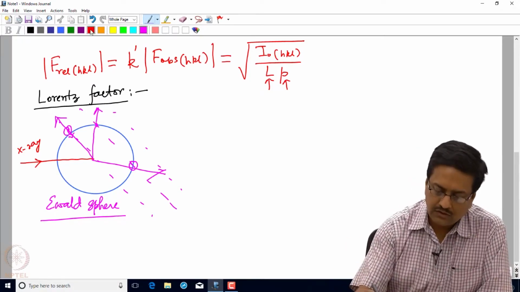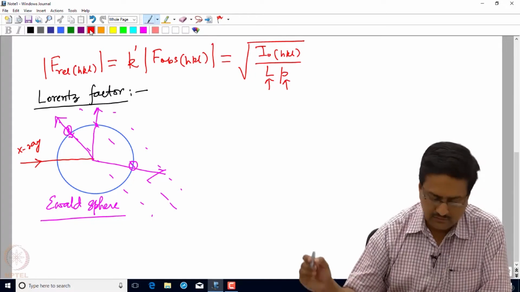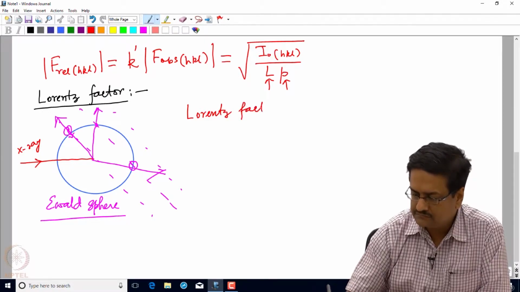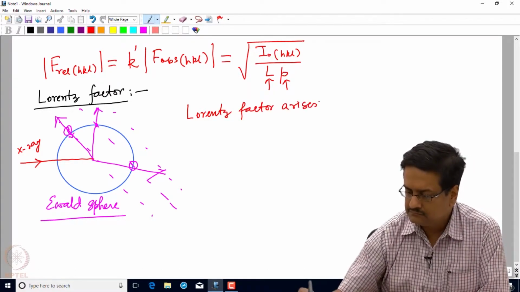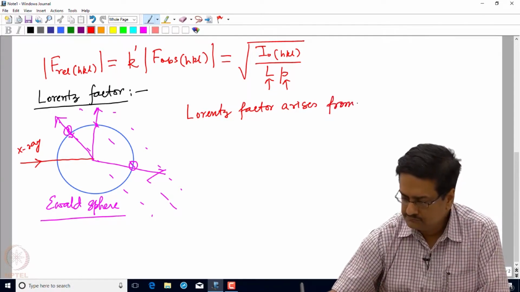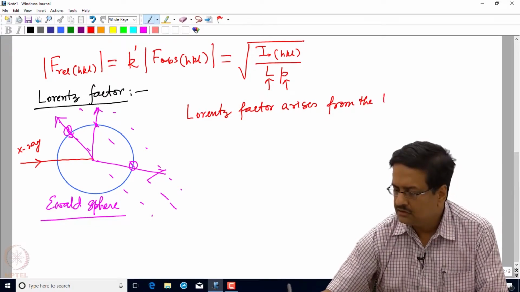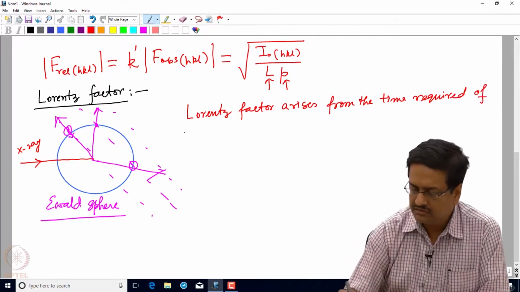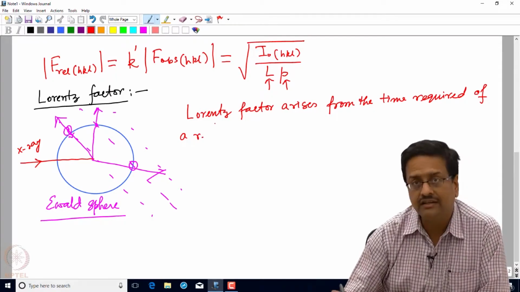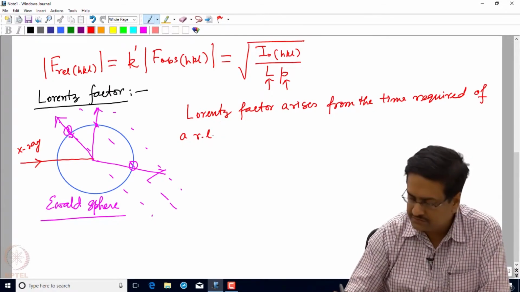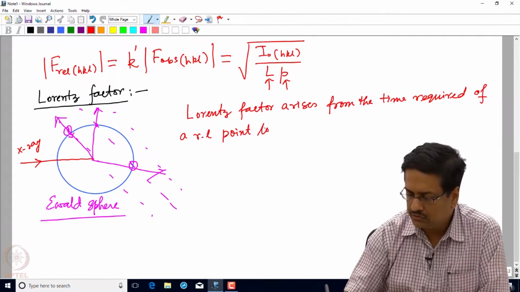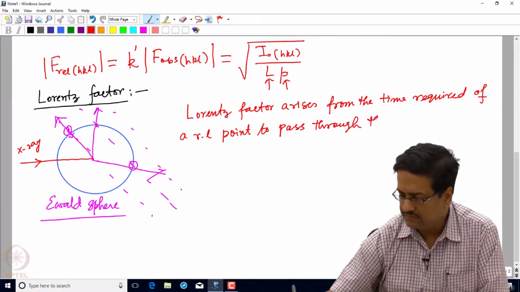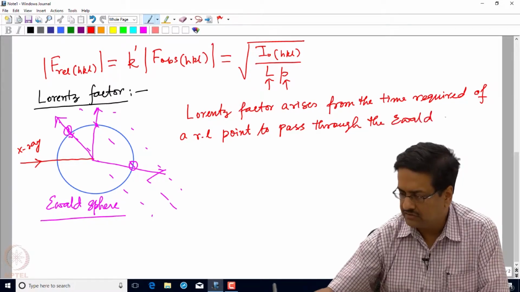So the Lorentz term or Lorentz factor arises from the time required for a reciprocal lattice point, I am writing it as RL, reciprocal lattice point, to pass through the Ewald sphere.